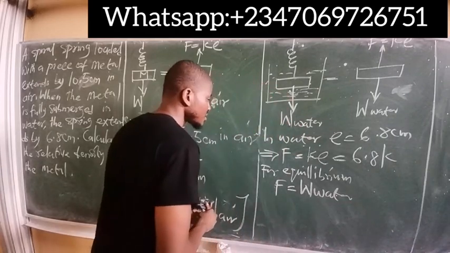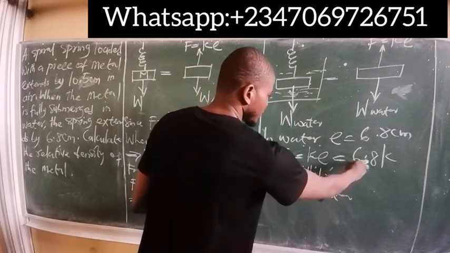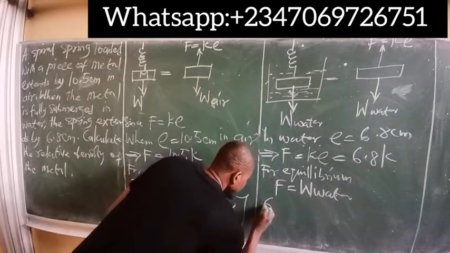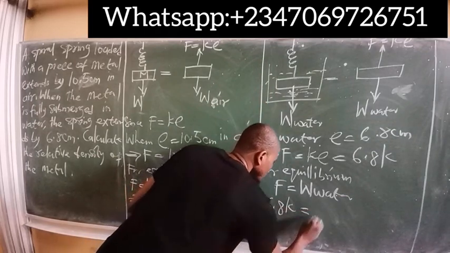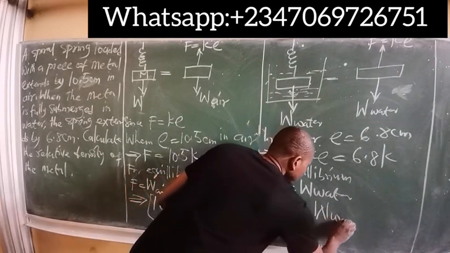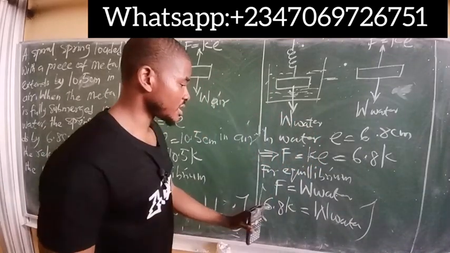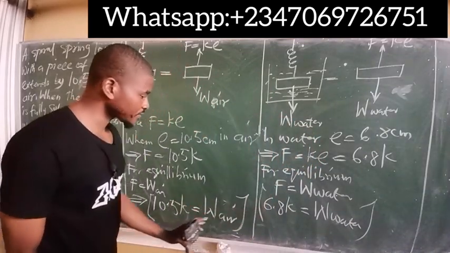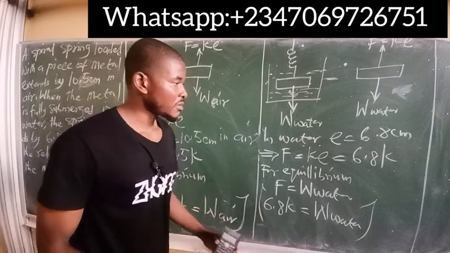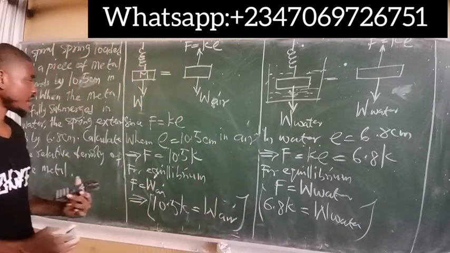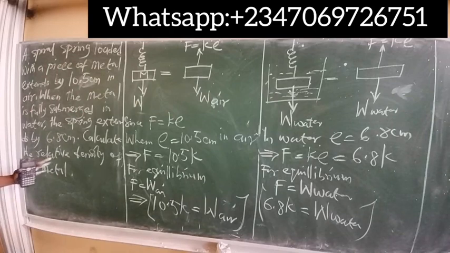So this simply implies we have the force to give us 6.8 k. We simply have 6.8 k equals weight in water. So keep this aside. This simply means that the weight in water is 6.8 k. But the question says we should find the relative density.